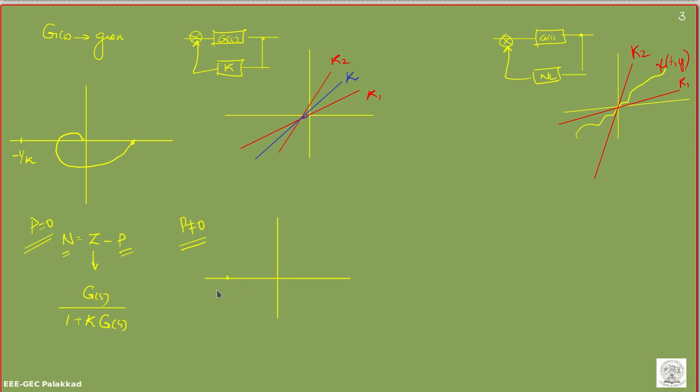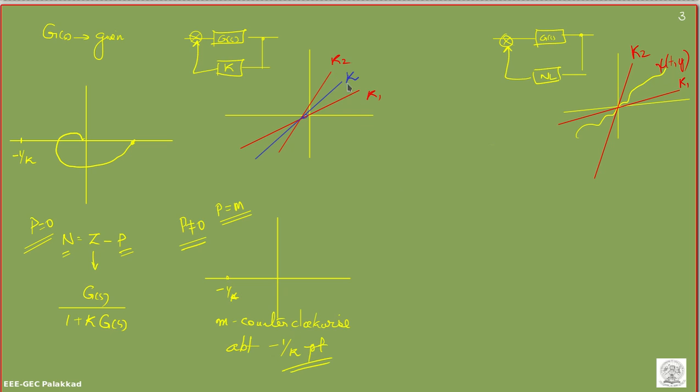Or we can say that if P is equal to M, then there should be M counterclockwise encirclements. That is important. Counterclockwise encirclements about the minus 1 by k point. Okay, this is what the Nyquist plot says.